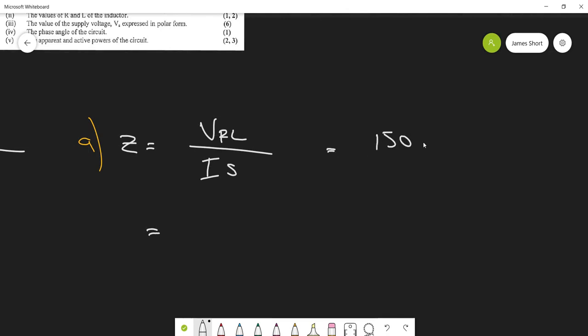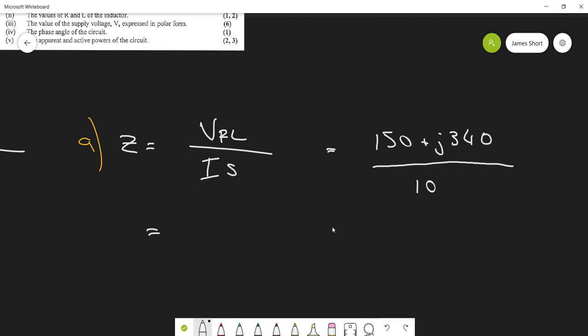So that's 150 plus J340 divided by 10 plus J0. Because it's J0, we can just neglect the J part and just divide that by 10.